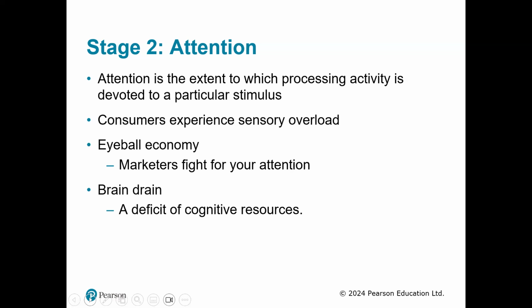Multi-screening, using another media screen while watching television, is a very common form of multitasking. Researchers who synthesize all research testing the effect of multi-screening conclude that multi-screening has dramatic effects on advertising effectiveness. It reduces our attention to advertisements, but also makes us counter-argue them less.